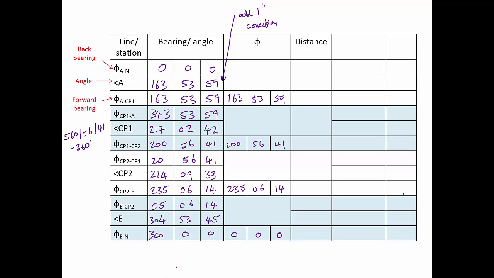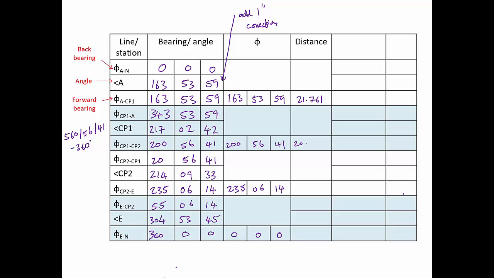The distances were measured as well, so I can transfer those across. You should be doing face left distance and face right distance at each point. The distance between A and CP1 was measured face left, face right, and the mean is 21.761. It's in the booking sheet if you want to have a look. We've also got the distance between CP1 and CP2, measured face left and face right, both from CP1 and from CP2, so you need to average them.